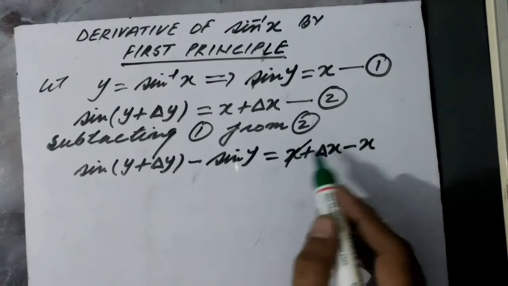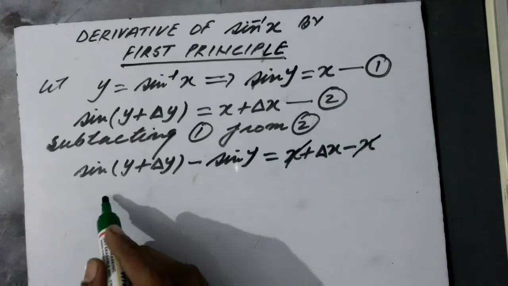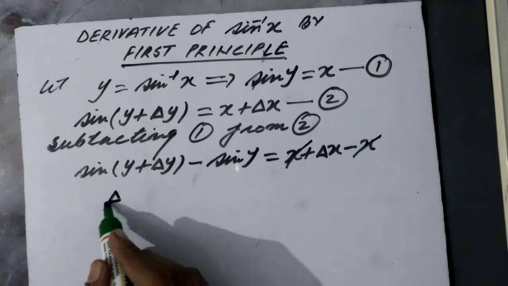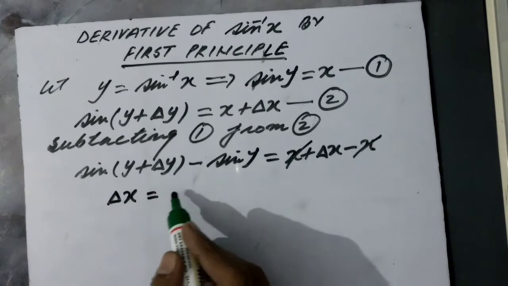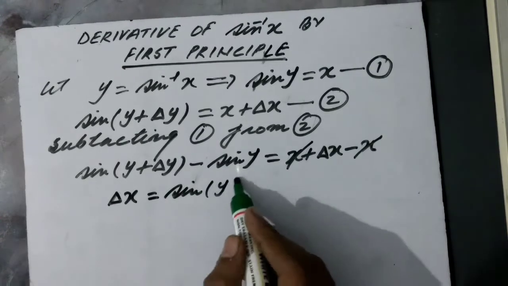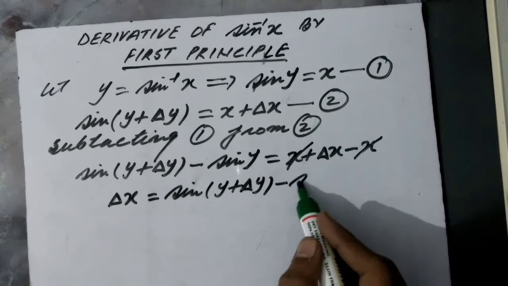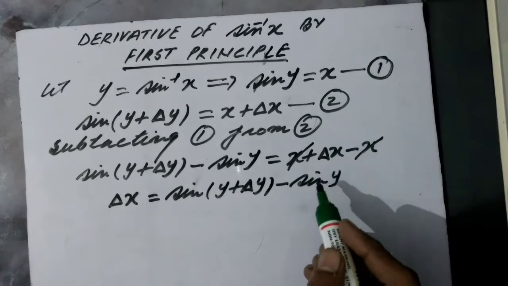So this x is cancelled by this x having opposite signs. So we have delta x is equal to sine of y plus delta y minus sine y.